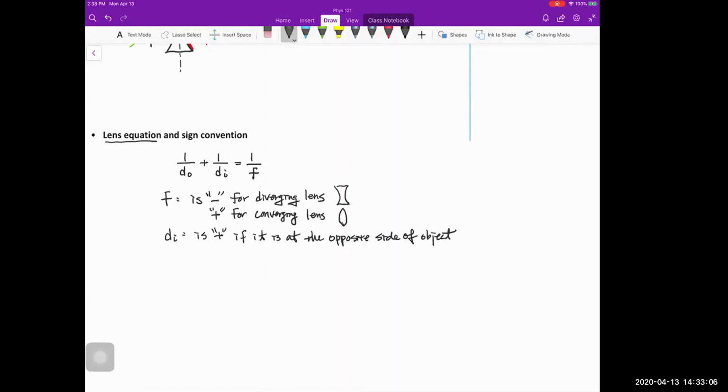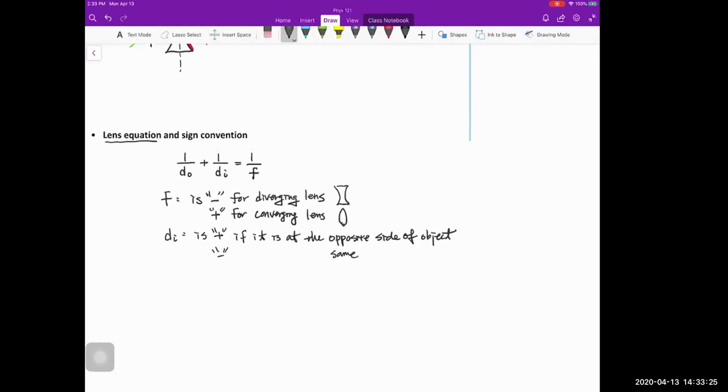Meaning object on the right and the image will be on the left, object on the left, then the image will be on the right. The vice versa of this is that if it's negative, then it will be on the same side of the object.